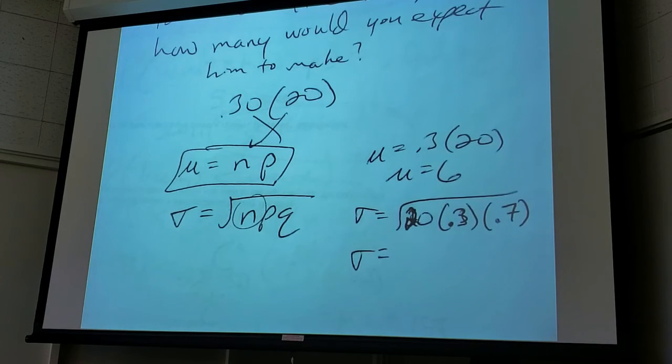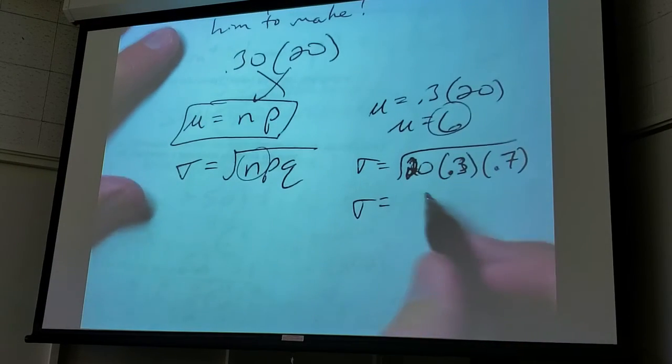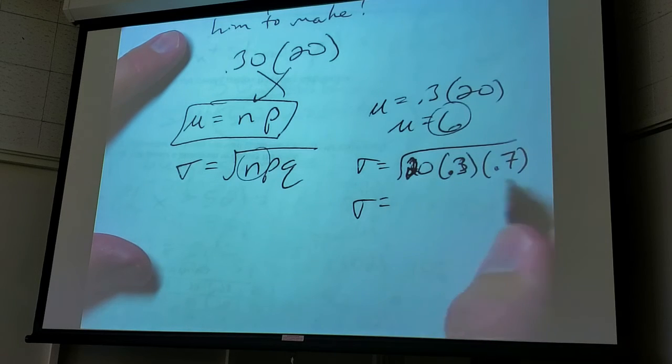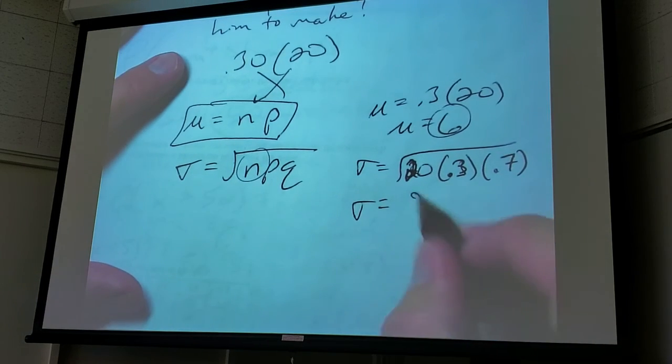There's an n, total number. There's, I want this many successes out of that, right? So it's got to have that kind of feel to it. And then I know that this is the formula to figure out the average and the standard deviation. So on average, he makes 6 free throws. And what's the spread? It's like 2.049.